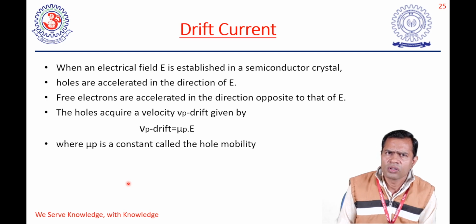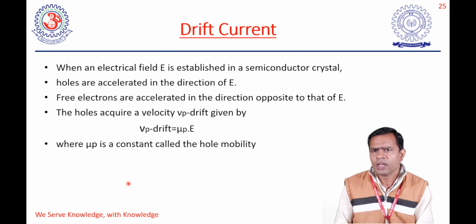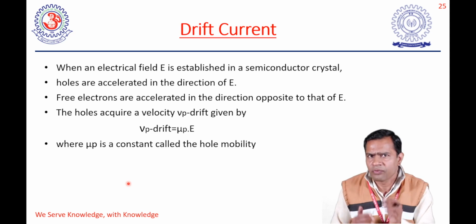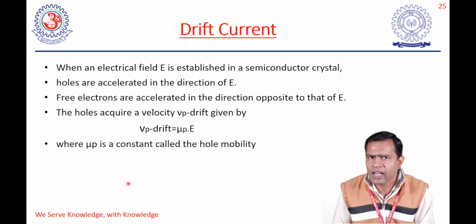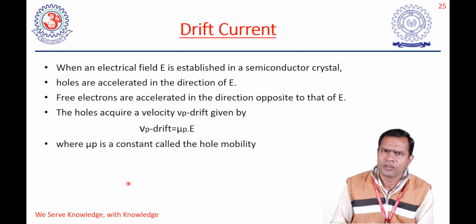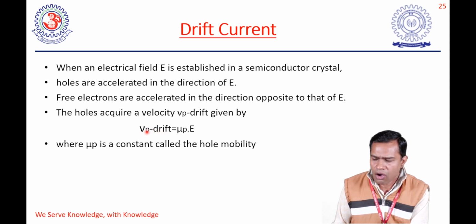Now holes are accelerated in the direction of the electric field, and electrons move in the opposite direction of the electric field. So free electrons are opposite. Now if holes are in the same direction, we can write the drift velocity of the hole.